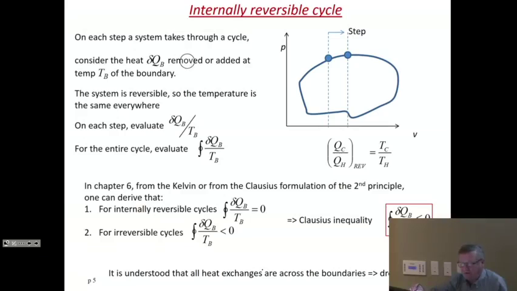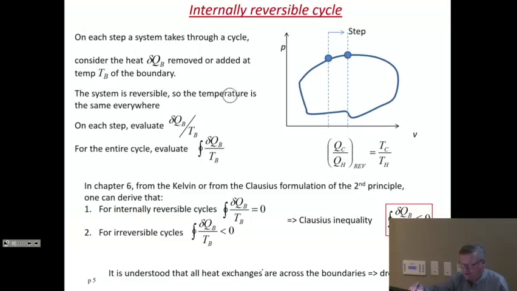So you have heat removed or heat added at the temperature TB of that boundary. We're going to be very careful that we have to distinguish between heat and entropy exchanged at the boundary of the system or eventually produced inside the system. But for the moment, we only look at the heat at the boundary.